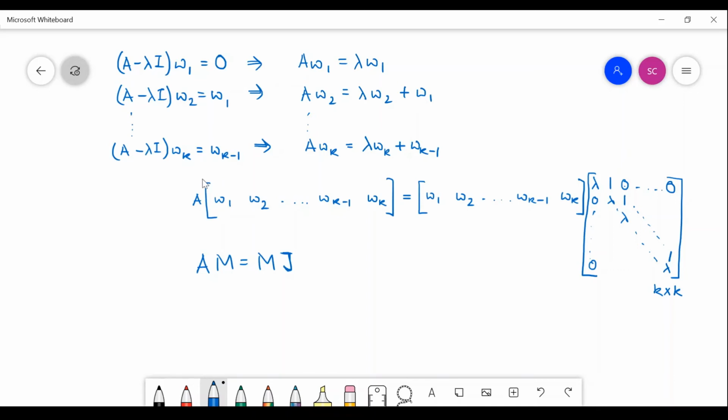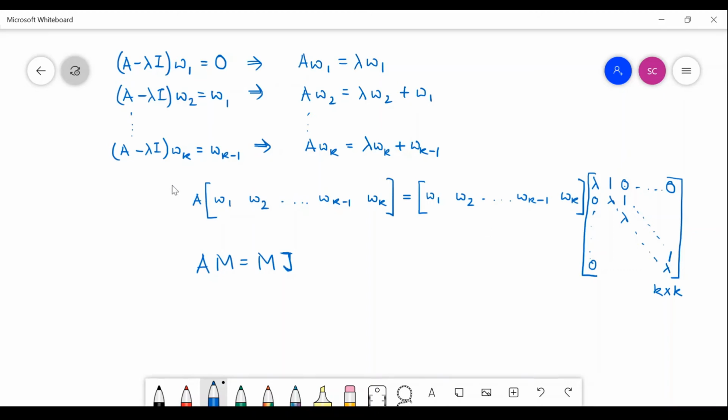Okay, this I am talking from the other way round. You notice that I had started from the minimal polynomial and had come to the initial eigenvector. Now I am saying that if I start from the initial eigenvector and am able to generate a set of generalized eigenvectors like this, I will be able to form this relation, form the modal matrix, and that would give me the Jordan block.